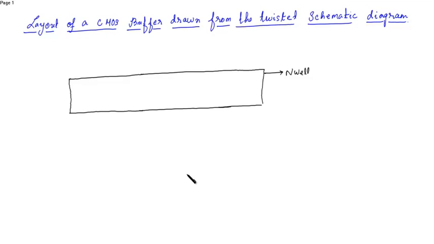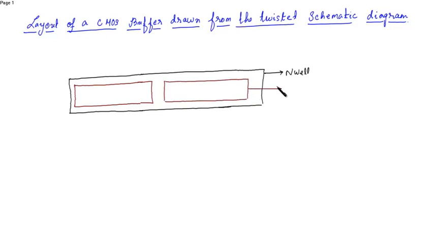Then the P diffusion layer. Since there are 2 PMOS, we'll have 2 P diffusion layers. This is the first P diffusion layer, and this is the second P diffusion layer. P diffusion, or you can write P diff.